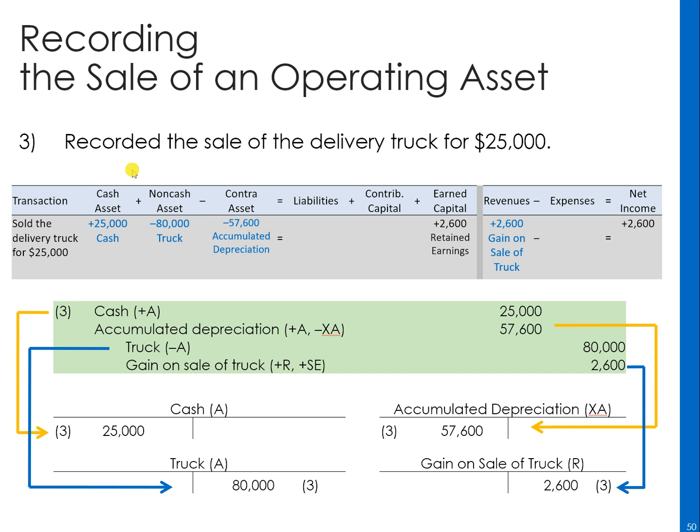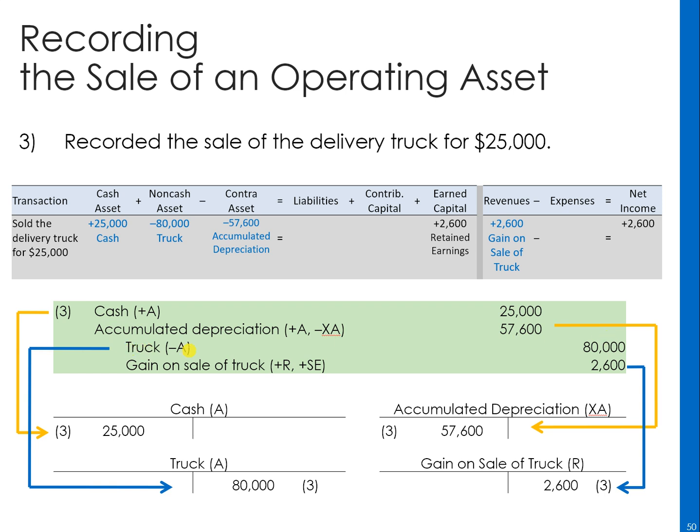So what we're going to do is record a journal entry to show the sale of the truck and the gain recognition. We're going to remove the truck account, including its original cost and the accumulated depreciation, from the books.